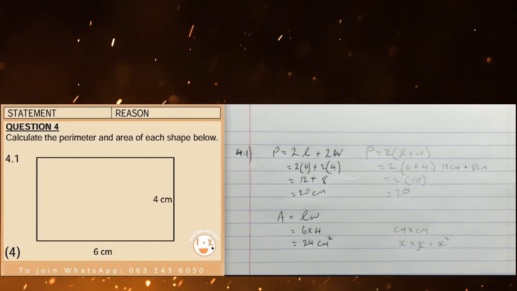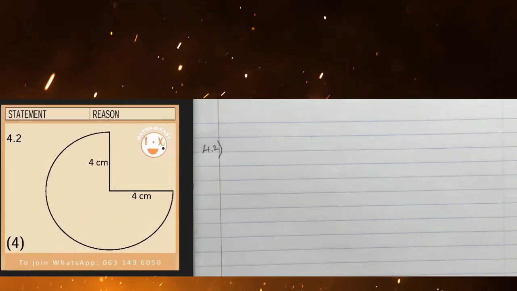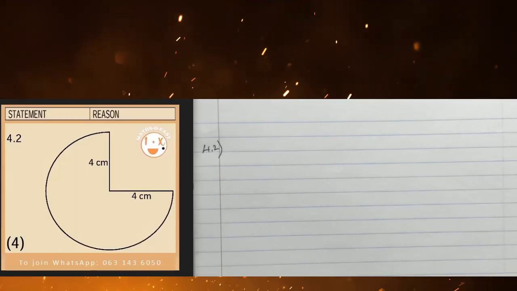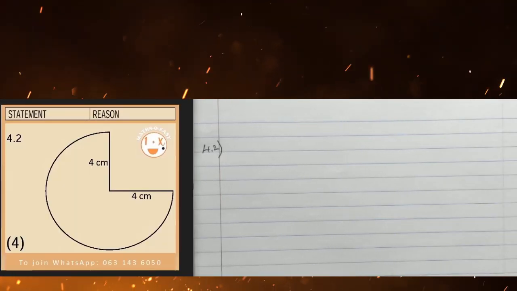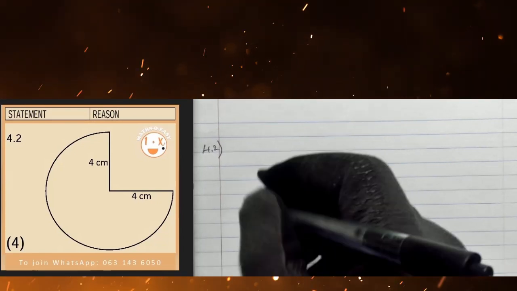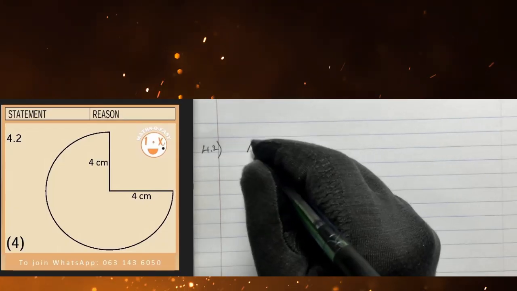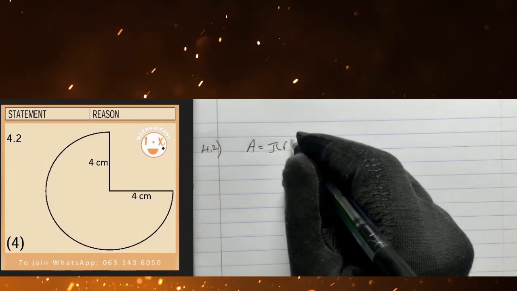Let's see the next one. Let me see how I can make this one simple for you. Let's start with the area. I know that the area of a circle is pi r squared.